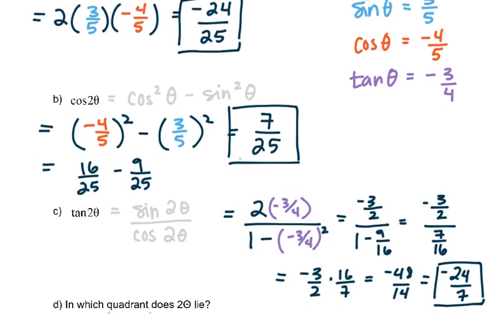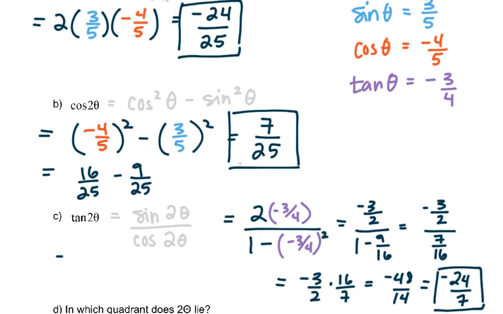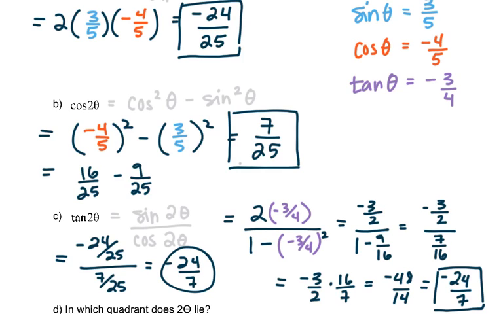I could have shortened this calculation by saying, well, sine I found above, negative 24 over 25, divided by cosine 2 theta, 7 over 25, and that again simplifies to negative 24 over 7. So we had a shortcut method to find this.